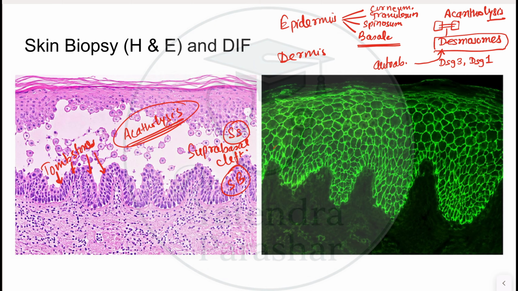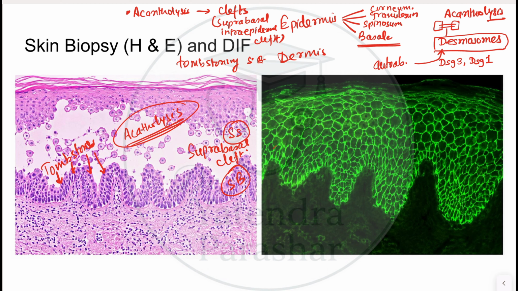So what we have seen first is loss of desmosomes leads to acantholysis, which results in the formation of clefts, that is the suprabasal intraepidermal cleft and tombstoning of the stratum basale.